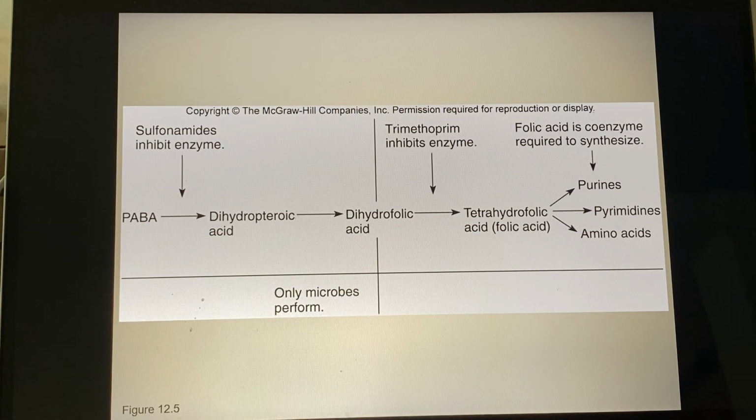So it's a perfect example of how we develop a drug, or I shouldn't say we, not me, the smart people develop a drug that they think is really going to work well. And then it's only a matter of time until the bacteria develop a mutation that allows them to defeat that drug. And then we have to come up with another drug to try to defeat the bacteria again. So it's literally a back and forth. It's drug warfare. I mean, it's happening with resistant strains all the time.